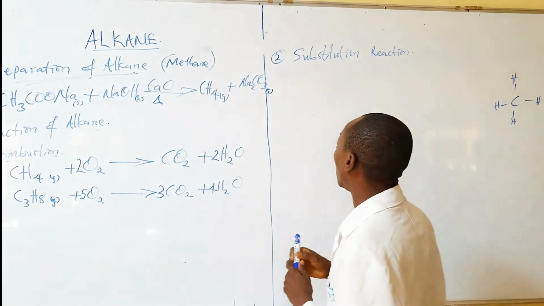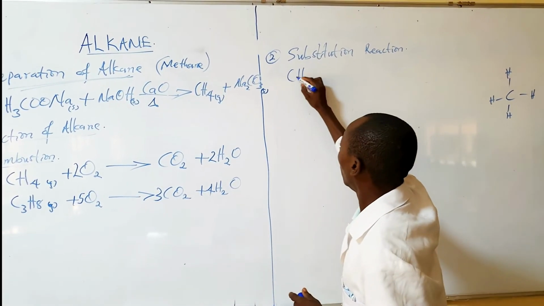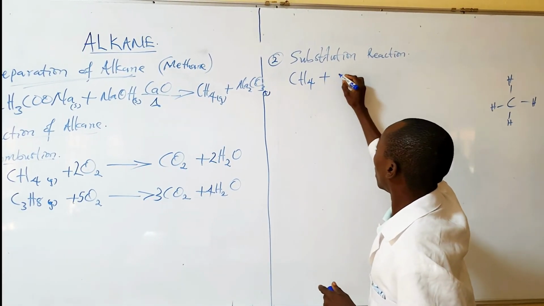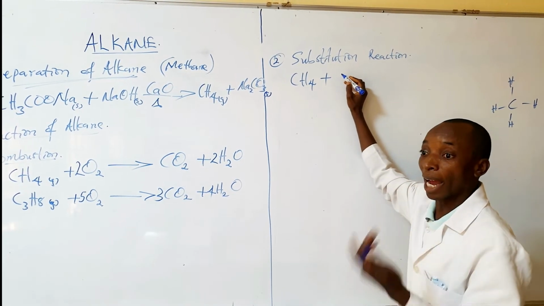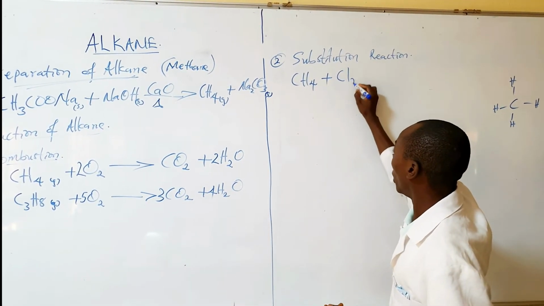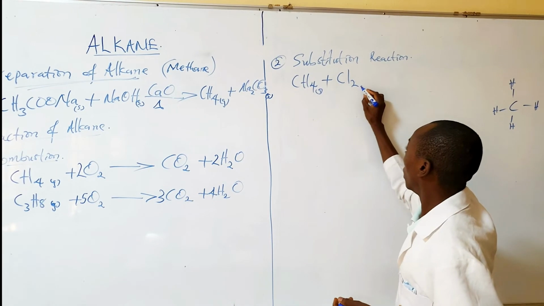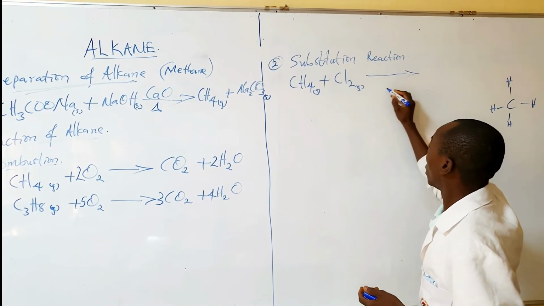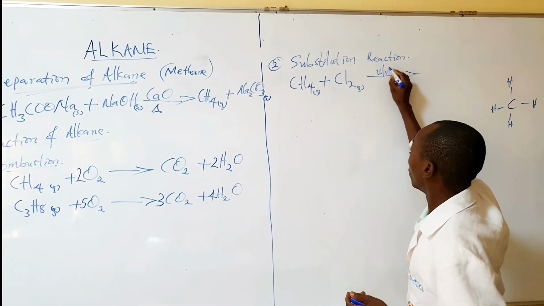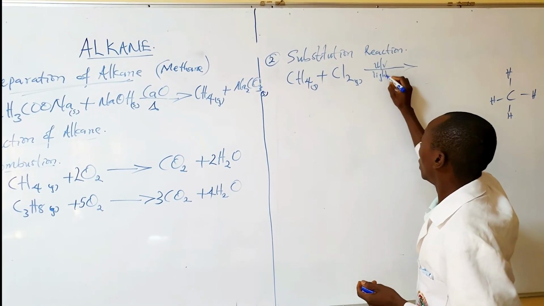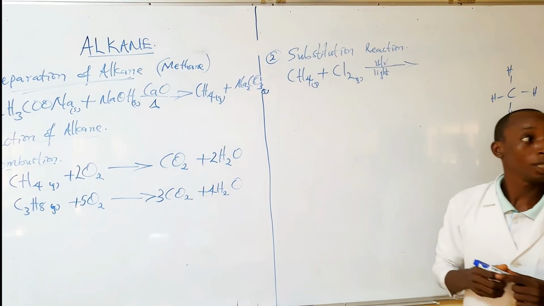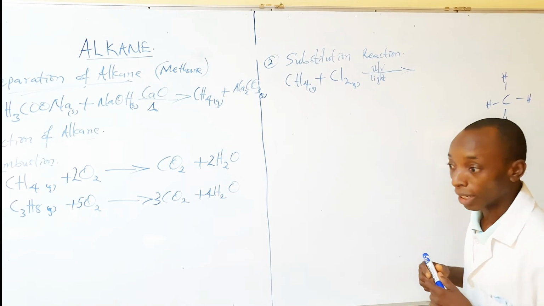Yes, let's take methane, for example, CH4, plus a halogen. For example, let's pick chlorine in gaseous state, in the presence of UV light, which means this reaction may not proceed as expected if there is no light.